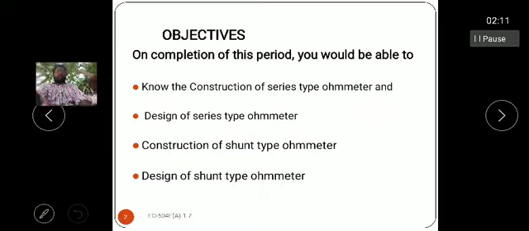With the help of this topic, we have to understand what a series type ohmmeter is, its construction, and how to design it, and likewise the construction and design of the shunt type ohmmeter.